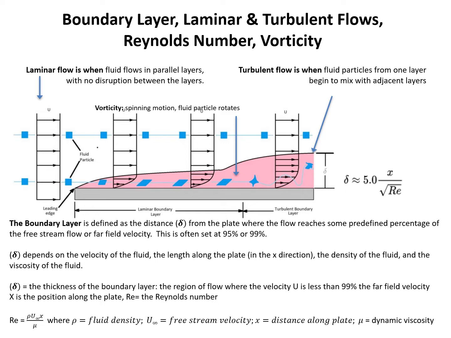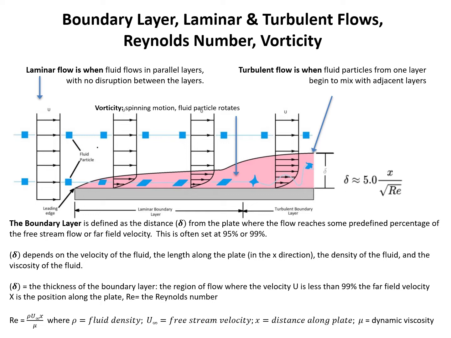That distance, that boundary layer, is usually considered to be somewhere between 95 and 99% of that free stream flow. And it grows, so this is important. As you progress along the plate in the x direction, that boundary layer keeps growing.